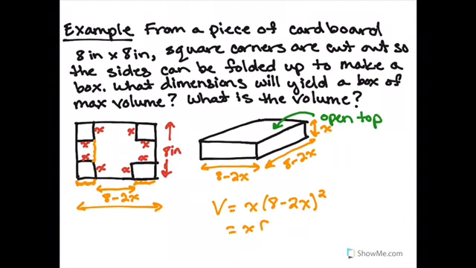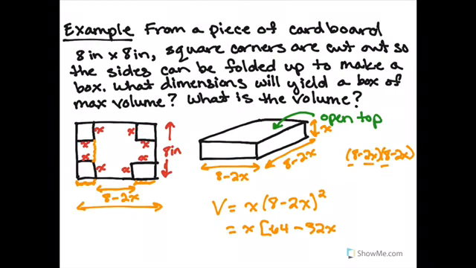So I get x times, so we're multiplying out 8 minus 2x times 8 minus 2x. The first gives me 64. Outer gives me minus 16x, and inner gives me another minus 16x. So I get negative 32x.